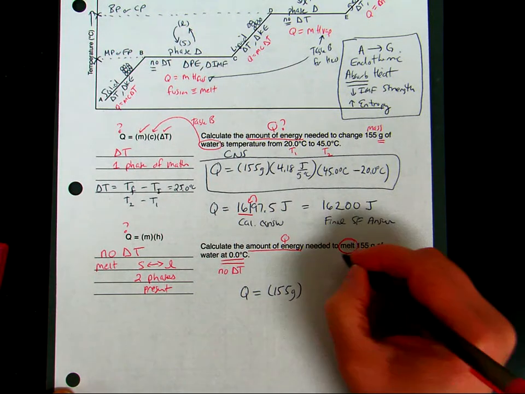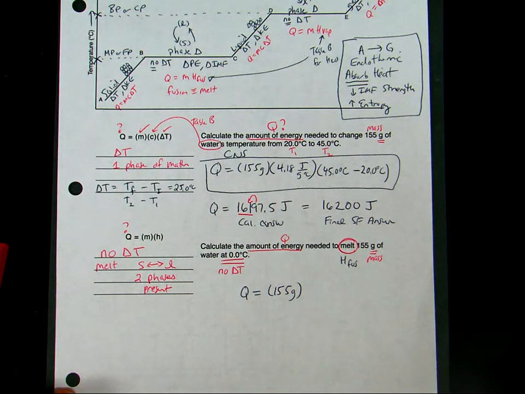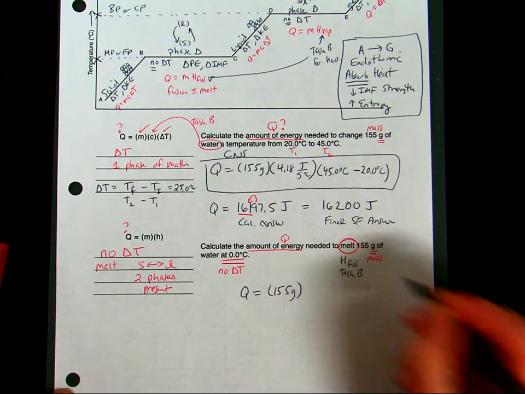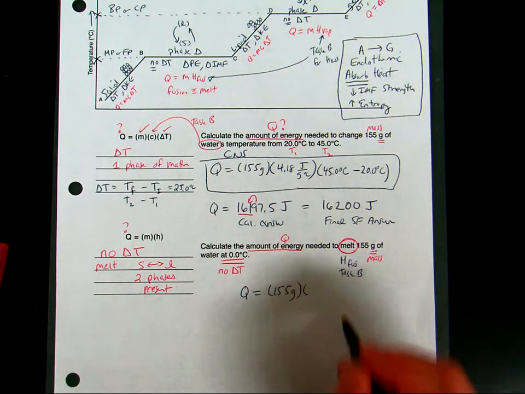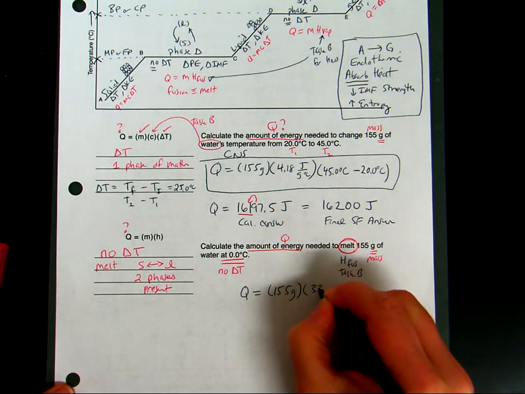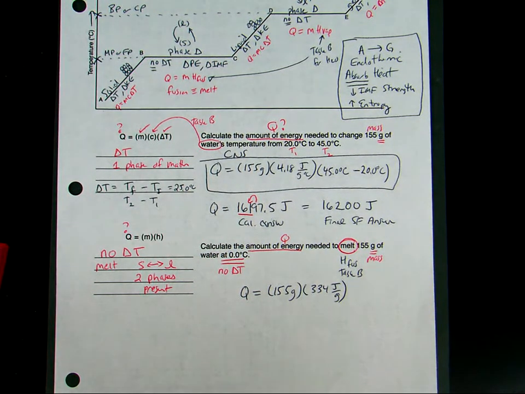Now it says melt, so that means H of fusion, the heat of fusion, because fusion's another word for melting, and you find this on your table B, and when you look it up, it is 334 joules per gram.